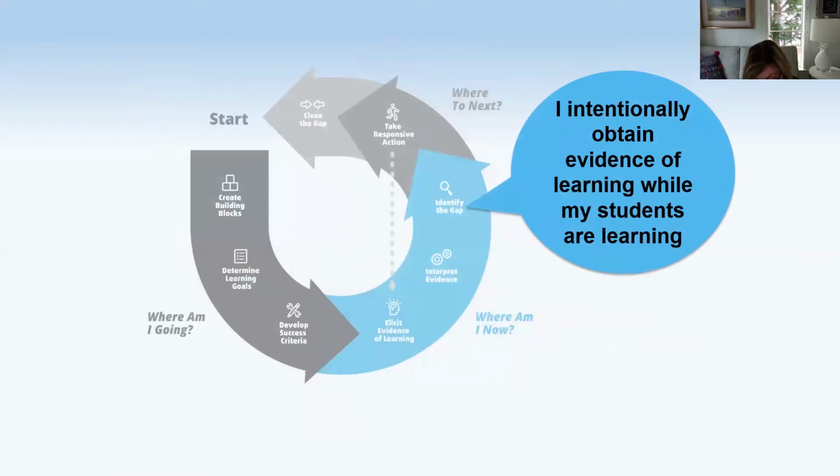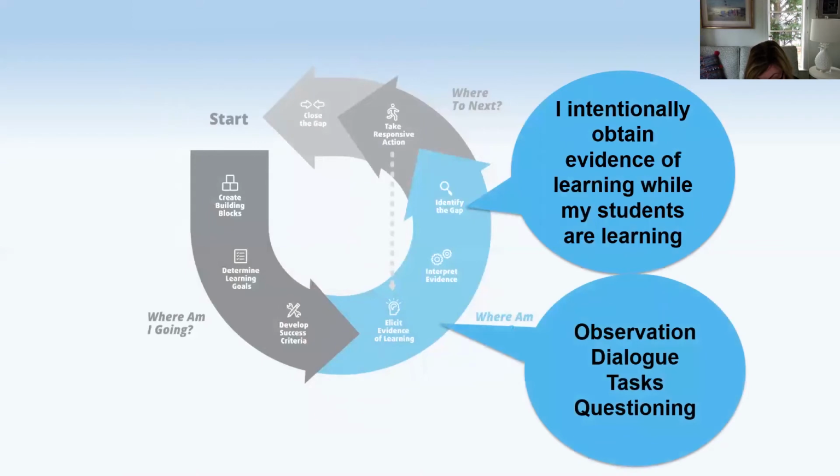And as we mentioned previously, the way to do this, there's not one single way, but it's done during the learning activities, through observation, through dialogue, through the learning tasks the students are involved in, and through questioning and discussion. And the good news is that if learning tasks are well designed and they're going to produce high levels of thinking and engage students in reasoning, then they're going to serve as assessment as well, an assessment task.